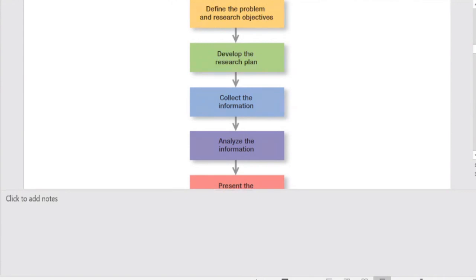This is the most important aspect. The problem definition is very important towards understanding what is to be researched. It is very important to know what the research should be about, and that is the content and the scope of the research.